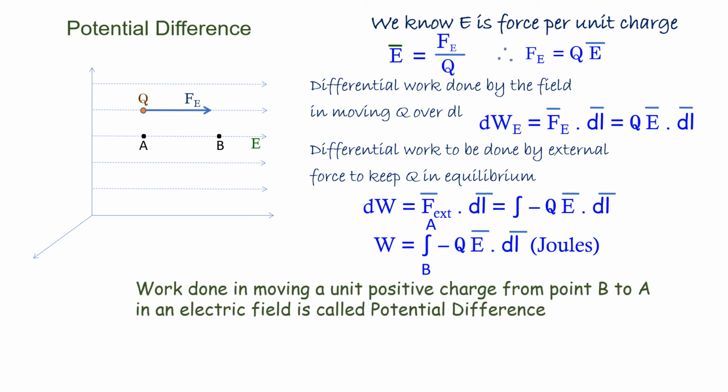The work done in moving a unit positive charge from B to A in an electric field is called the potential difference. Therefore, VAB is equal to integral B to A minus E bar dot dl bar joules per coulomb.